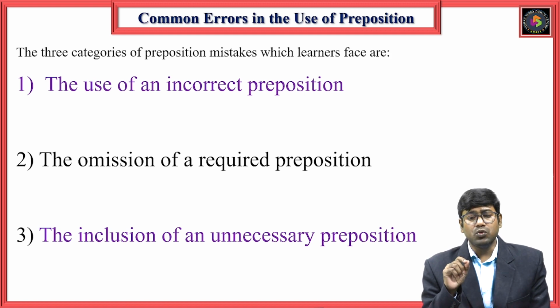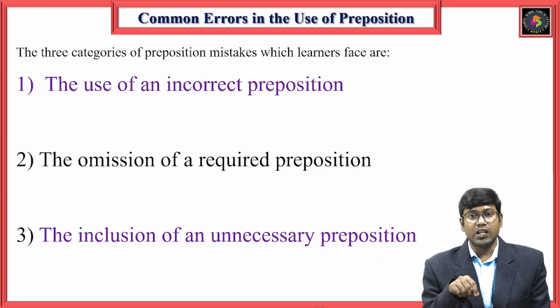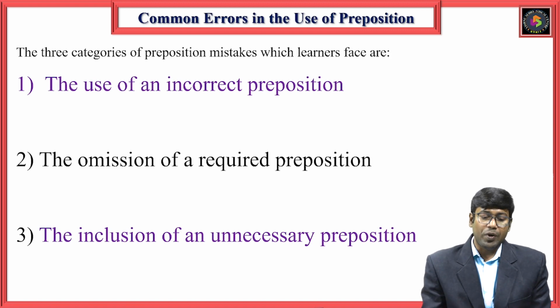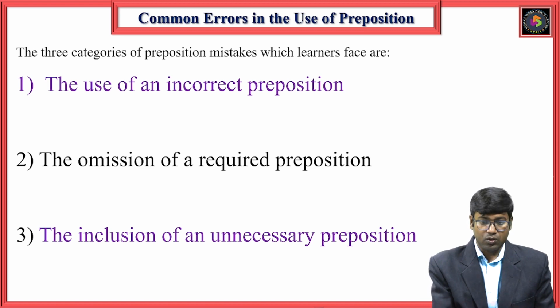One is the use of an incorrect preposition, where students are not using the correct preposition. The second one is the omission of a required preposition. When a preposition is required, the student is not using it. Third is the inclusion of an unnecessary preposition. When the preposition is not necessary, the student might add an unnecessary one. So we'll go one by one.